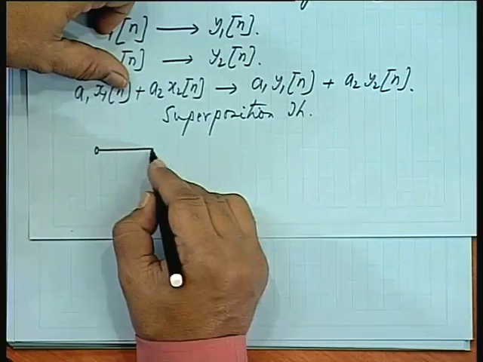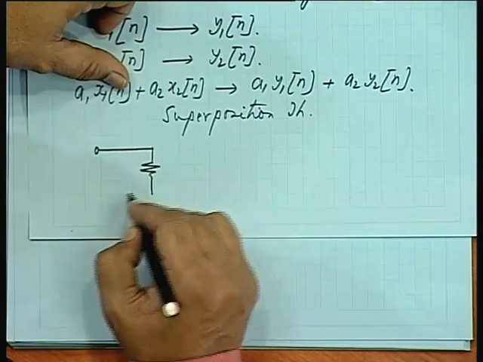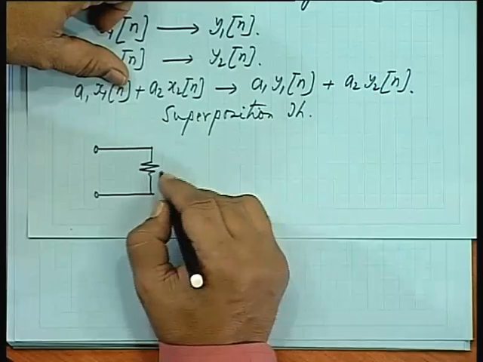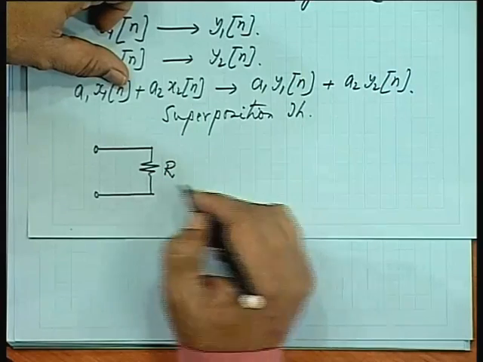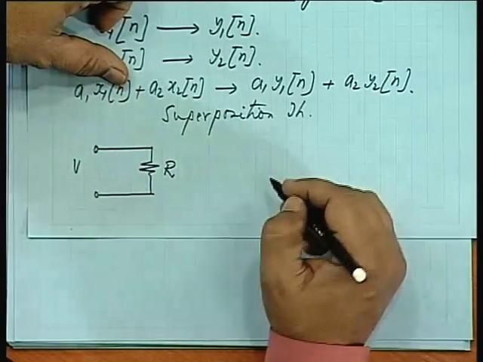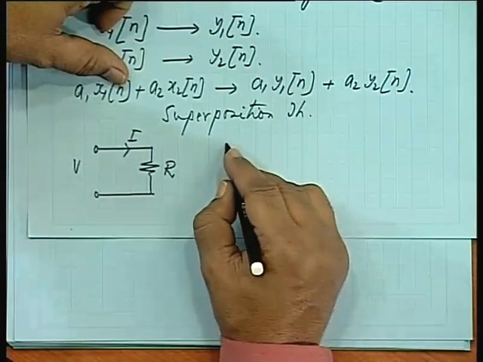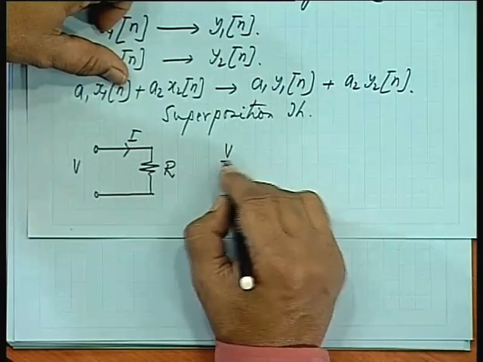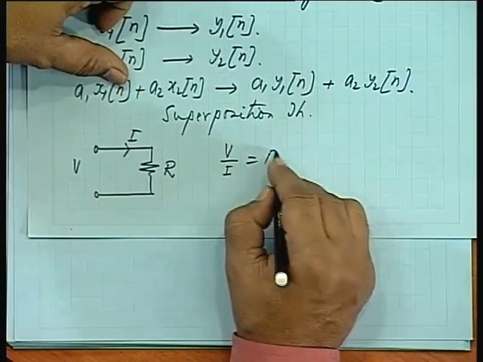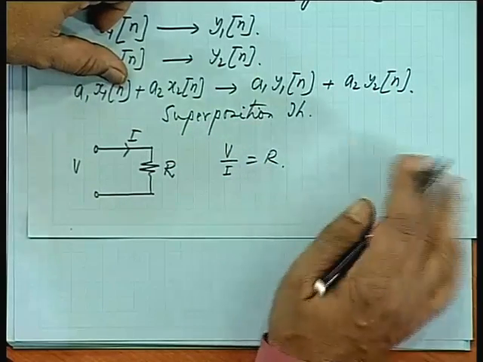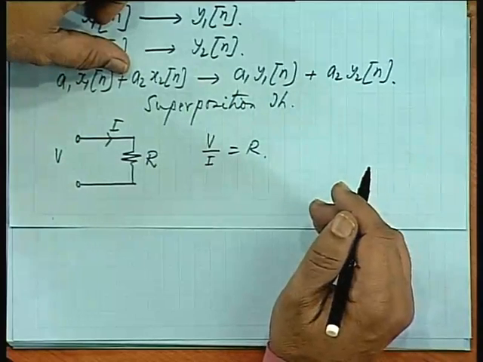You must have also studied in earlier classes: if you have a resistance R, a voltage V, and a current I, then V by I is equal to R. This is, say, a heater coil of constant resistance, and it is a linear system.